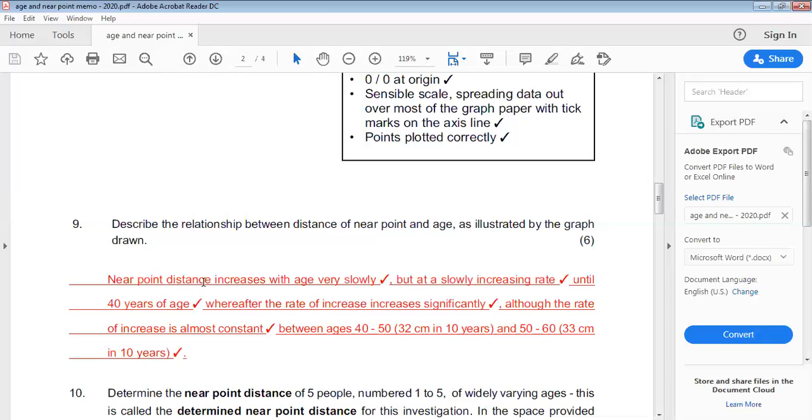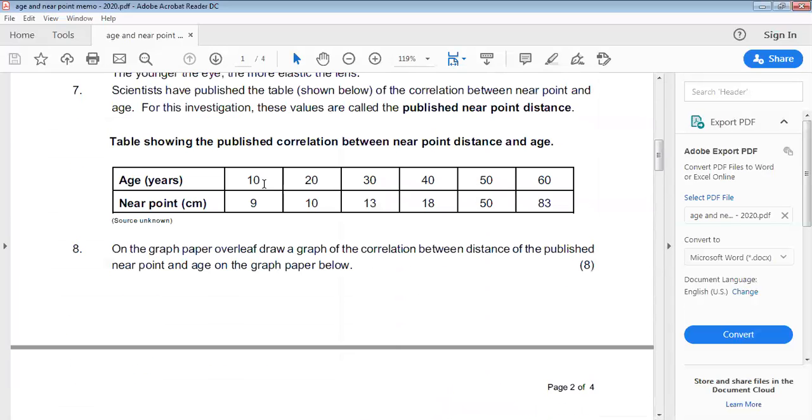So near point distance increases very slowly as age increases. But the rate at which it increases is slow because the graph is not perfectly horizontal. It actually starts to go slightly up, because between 10 and 20 years it goes up by 1 centimeter, and between 20 and 30 it goes up by 3.